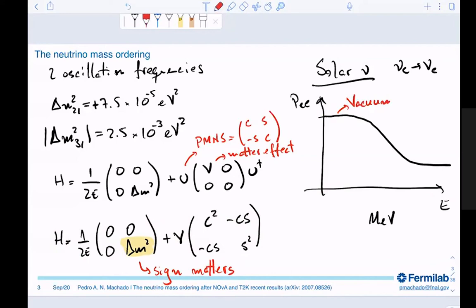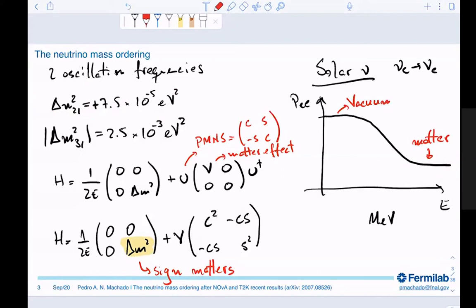And down here is oscillations in matter. And this part down here is sensitive to the sign of the delta M squared. And this is how we have measured, well, not exactly the absolute value of the solar splitting, but the sign of the solar splitting. Of course, you need to combine with a few other experiments just to kill some degeneracies, etc. But I'm not going to go into that.